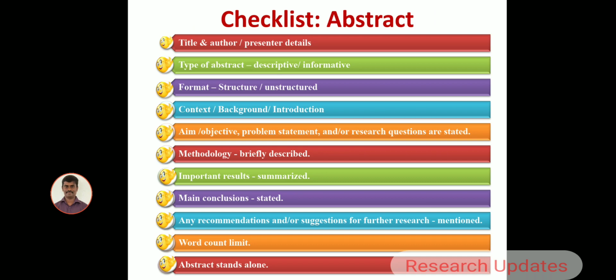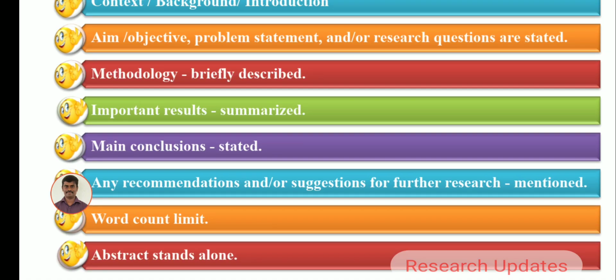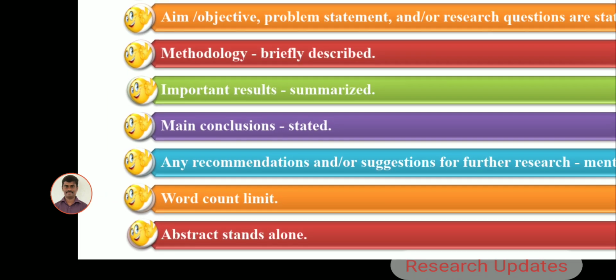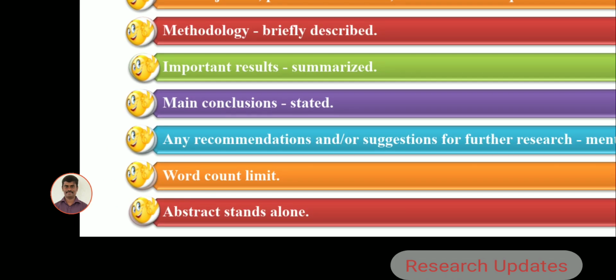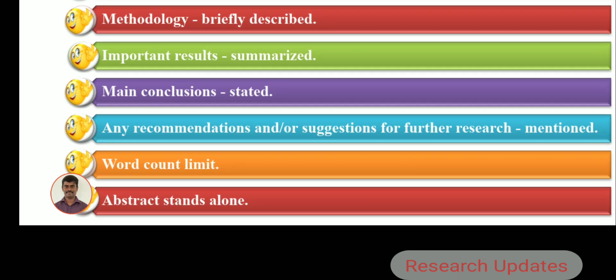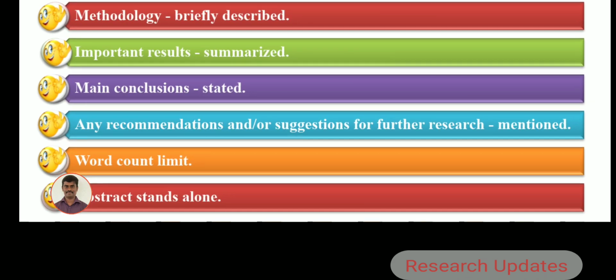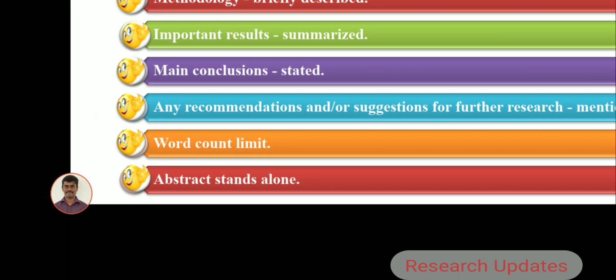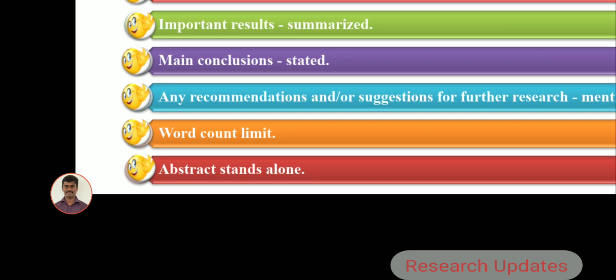Aim, objectives, problem statement and/or research questions are stated well. The methodology is briefly described. Important results are summarized. Main conclusions are stated. Any recommendations or suggestions for future research, if needed, can be mentioned. Always remember the word count limit when you are preparing your abstract.